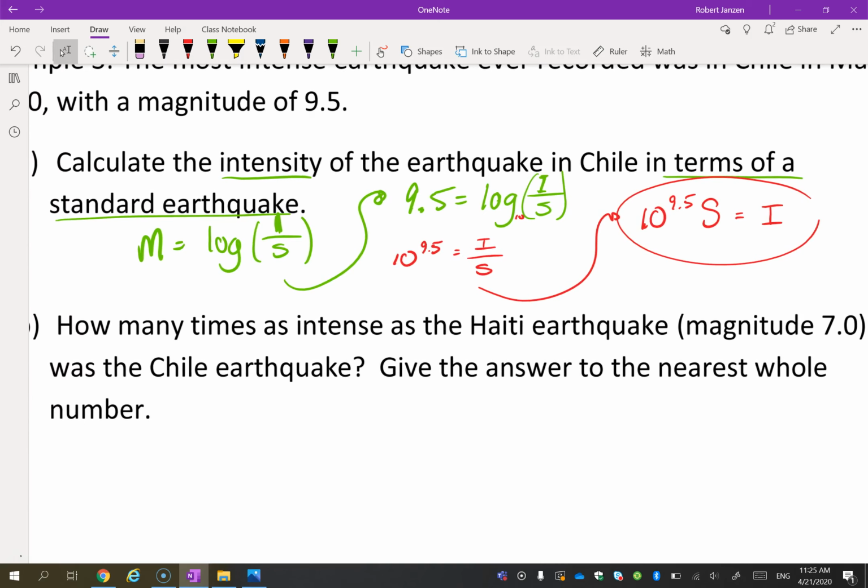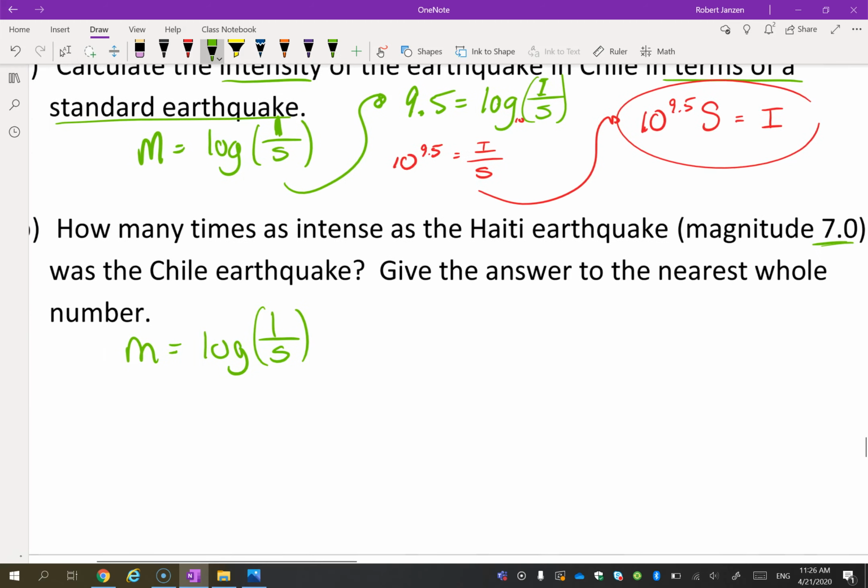Okay, so how many times as intense of an earthquake was the Chile earthquake compared to the Haiti earthquake? The Haiti earthquake had a magnitude of 7, so let's quickly figure out what its intensity was. Okay, now you can see this is an example. You probably wouldn't have been able to do this if you hadn't seen one done before, but now these questions are actually pretty simple.